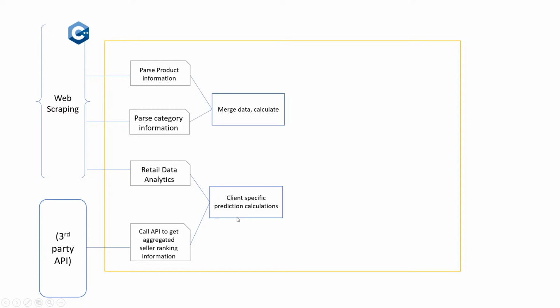And all this information, the product and the category information, was used to do a lot of statistical analysis to understand which product, and each product would have multiple variations like different colors, different styles, different sizes. So those are called variations.